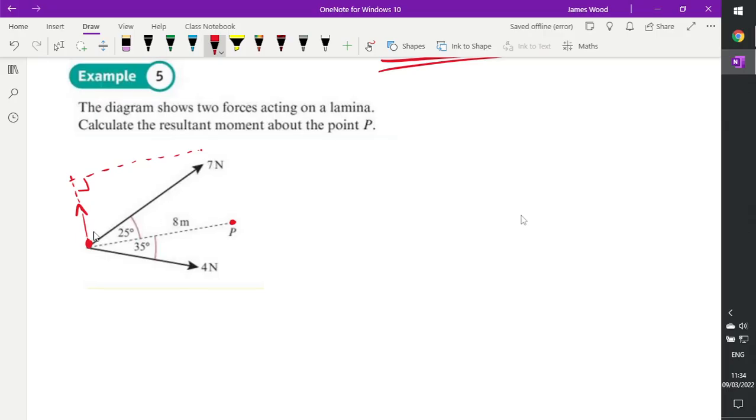So if that's 25, and this angle in here is 90 minus 25, which is 65. So this component here, you could either have it as 7 cos 65. This angle up here would still be 25, or you could have 7 sine 25. Okay, they are the same thing.